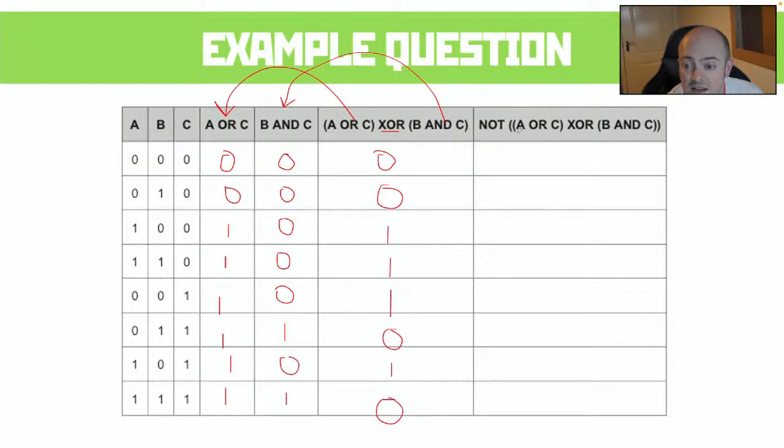And then finally, the bit in brackets is this entire column. So this is the easy step. NOT. It's the opposite. So we just run down, putting the opposite number in to what was on the left-hand side. The key to this, by the way, is taking your time. You need to take your time, do a column at a time, and make sure you are looking in the right columns.